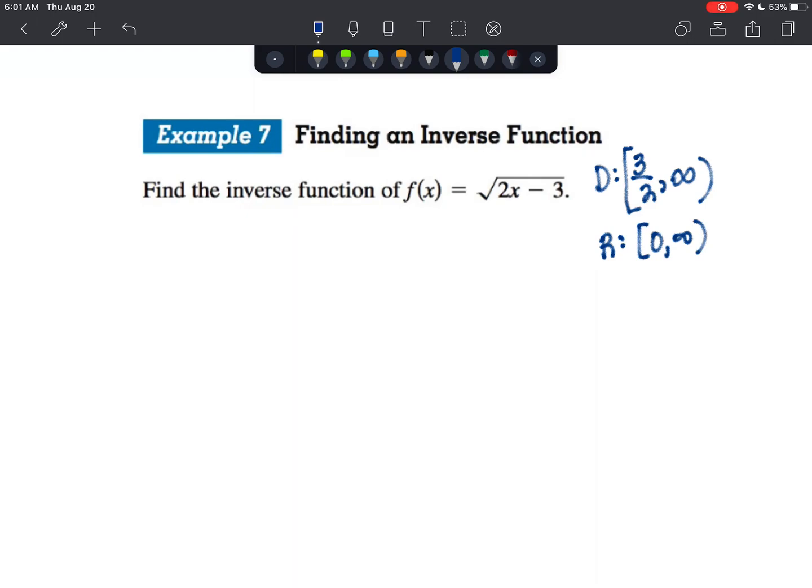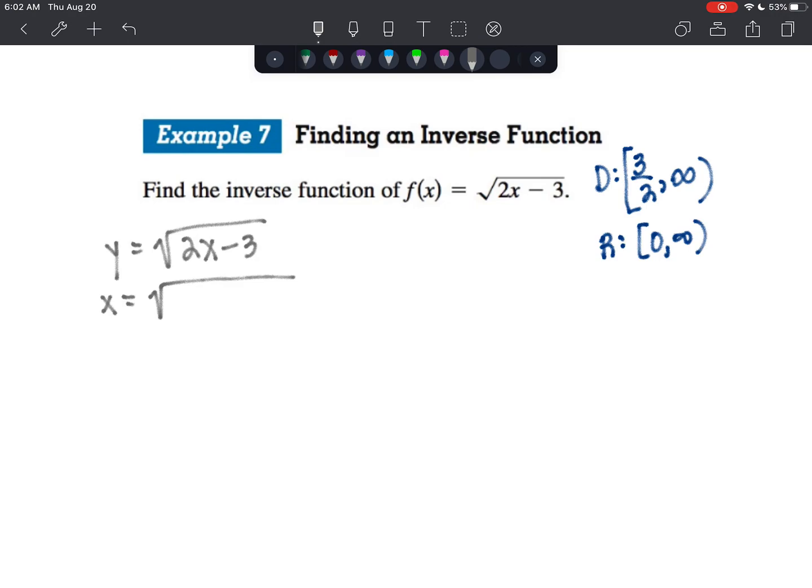Now we're going to find the inverse function. So we're going to exchange the x's and y's, so we change f of x to y, and then we swap them. So I have x equals the square root of 2y minus 3. Now I'm going to square both sides, so I get x squared equals 2y minus 3.